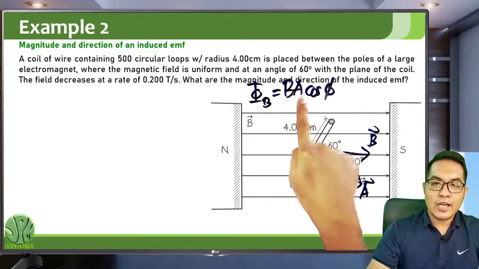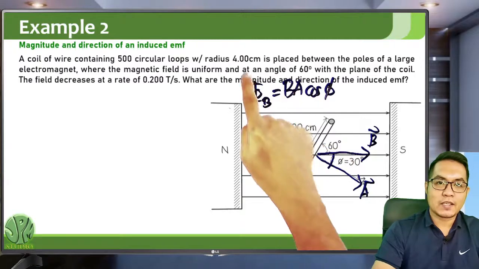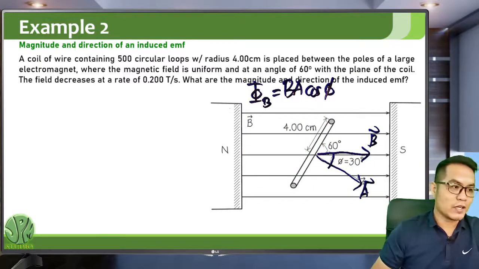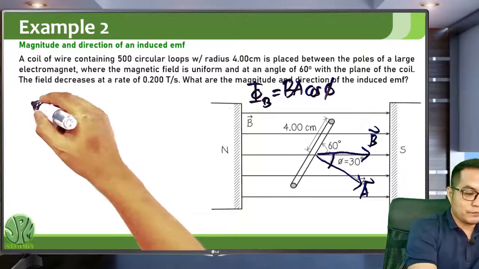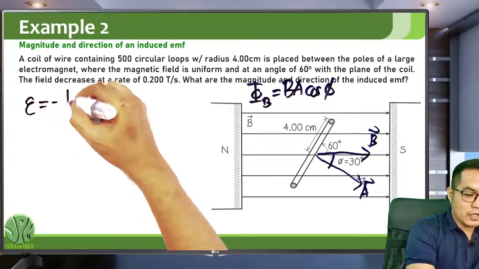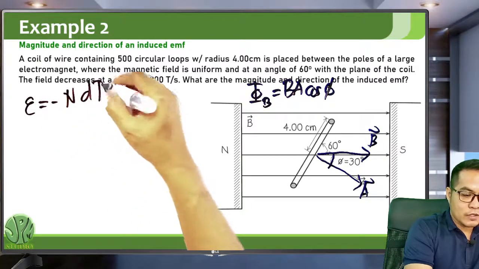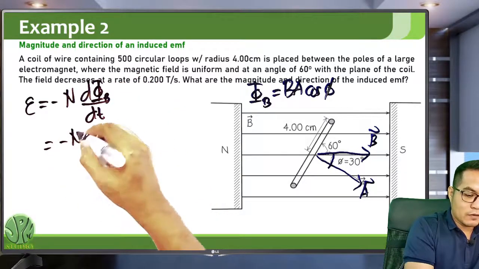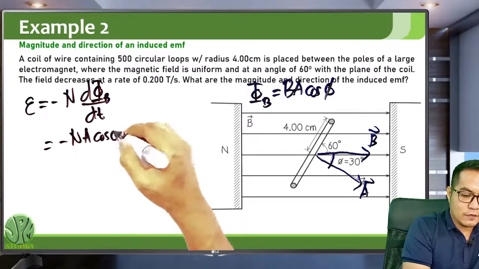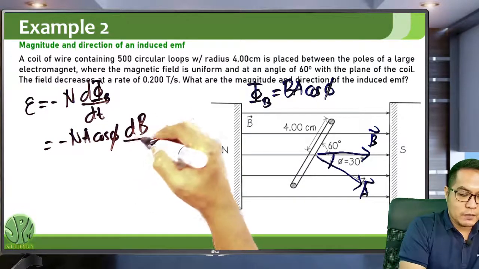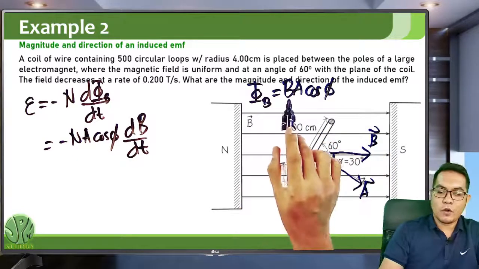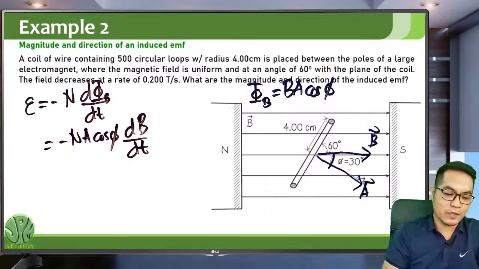The area of the loop is constant. It has a radius of 4 centimeter. Phi is constant. So therefore, the magnetic field is the one that is changing. From our formula, the derivative of the magnetic flux with respect to t, you can take out A and cosine phi, and you will have dB/dt, since only B is changing with respect to time.